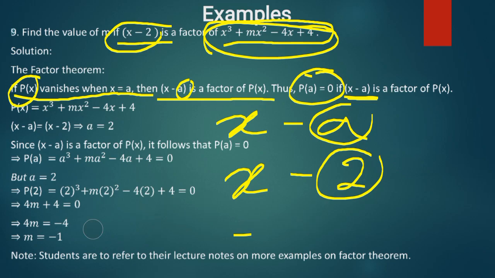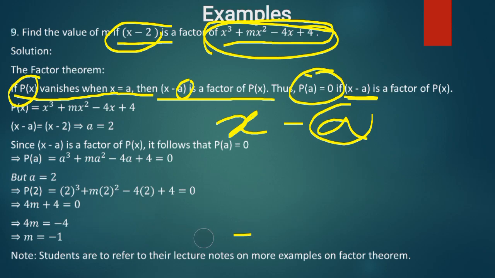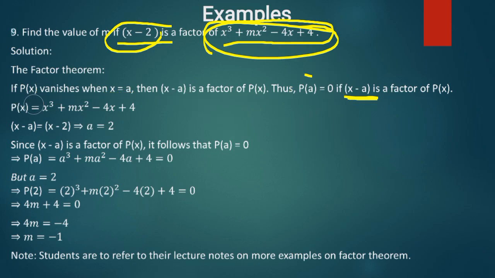So all we need to do is write the entire polynomial, and wherever we see x, we put in the value 2 and see if it will simplify. Our a now is 2.